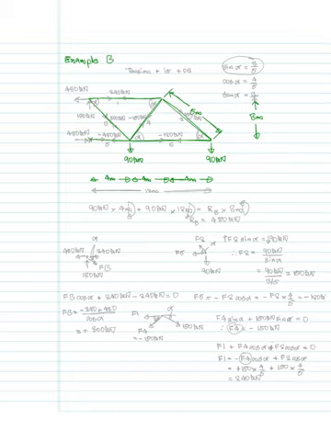And then let's say that that angle is alpha, and then we can write out sine alpha is equal to 3 over 5, where 5 is the hypotenuse. Cosine alpha is equal to 4 over 5, and then tan alpha is going to be equal to 3 over 4.